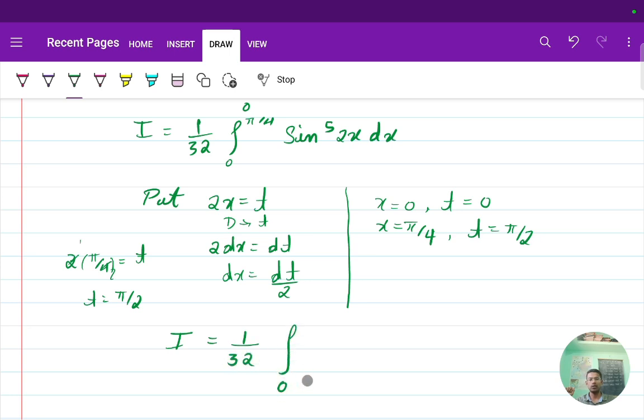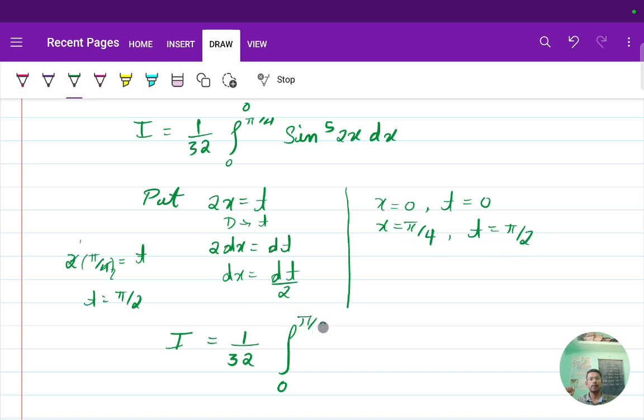integration over 0 to, now it is in the form of t, right? So we differentiate with respect to t when we take 2x is equal to t. When x is 0, t is 0. When x is pi by 4, t is pi by 2.